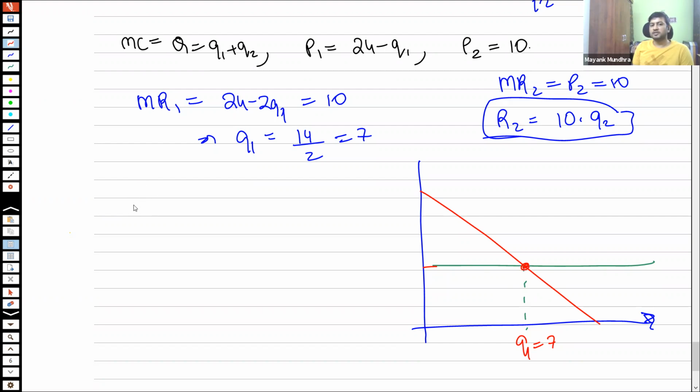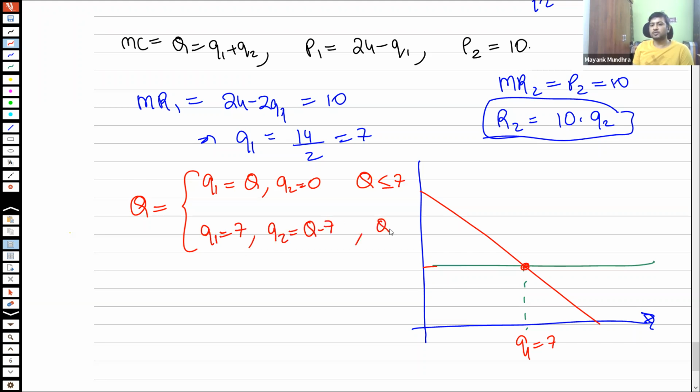If he's going to sell some entire quantity Q, then Q1 will be equal to capital Q, and Q2 will be equal to 0 if total quantity is less than or equal to 7. And Q1 will be equal to 7, and Q2 will be equal to capital Q minus 7 if Q is greater than 7.